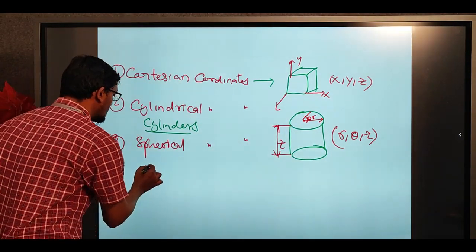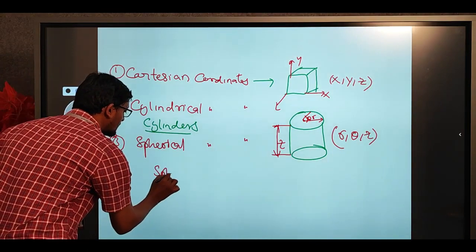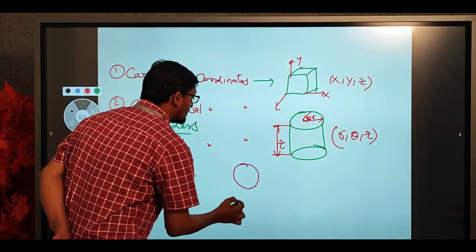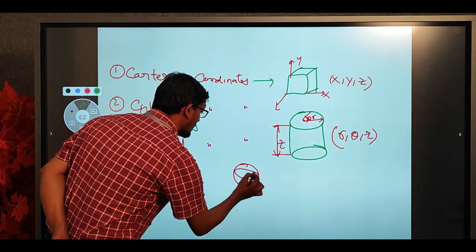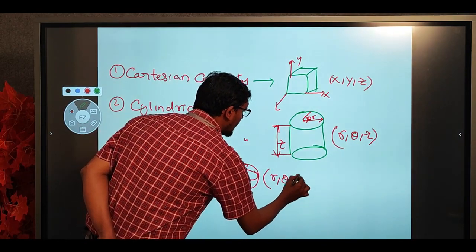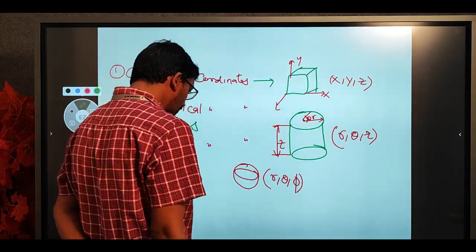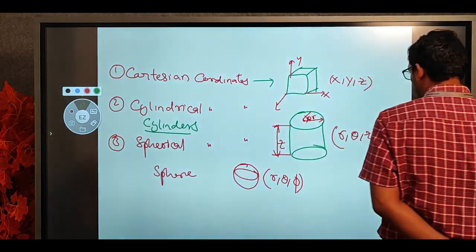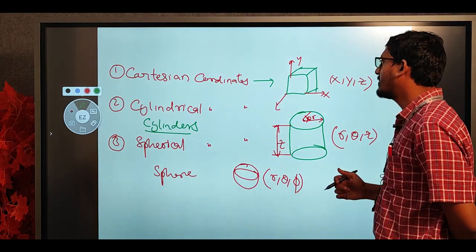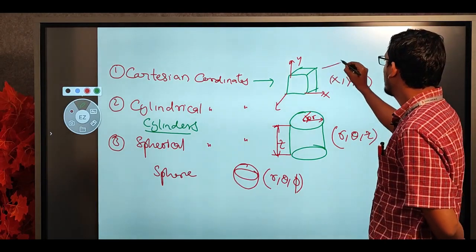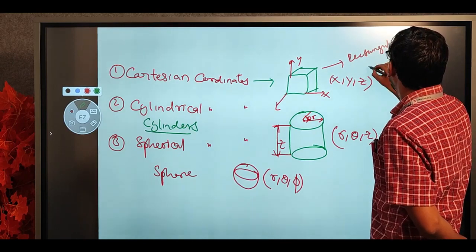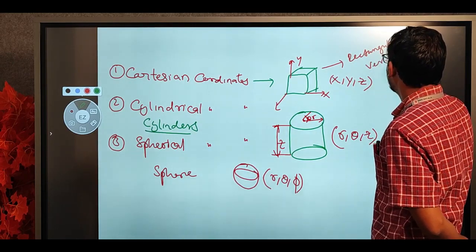While coming to spherical, sphere. In a sphere we have three coordinates. What are they? r, theta, phi, where we will use these coordinates for how the heat transfer takes place in this type of geometries. The applications are in rectangular vessels in industries.